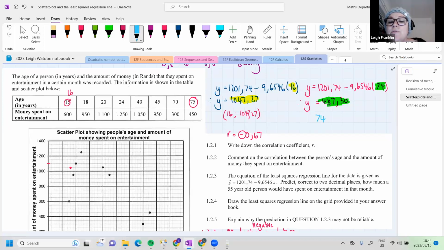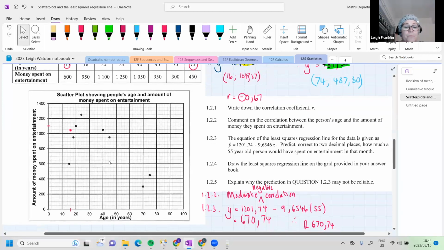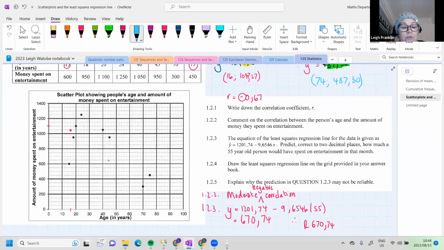So we've got 74 against 487.30. So our X and our Y. So 74 is going to be 72. This is 74 over there. Against 487. So 4, there's 4 there. It would be somewhere around about here. More or less.